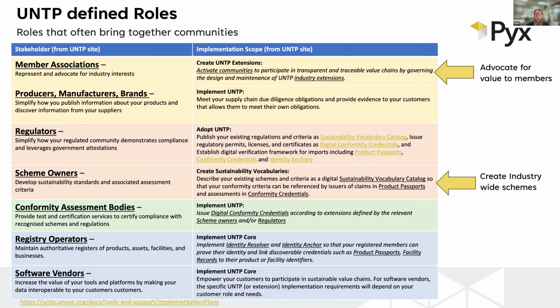And then registry operators handle things like identifiers and how you discover information. In retail products at the supermarket or at stores, the identifier scheme is typically the product identifier.